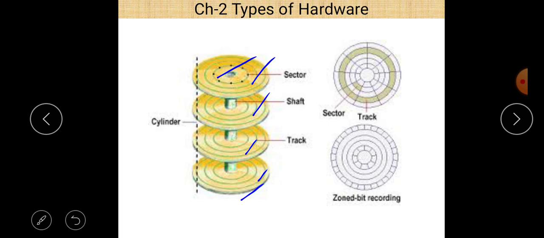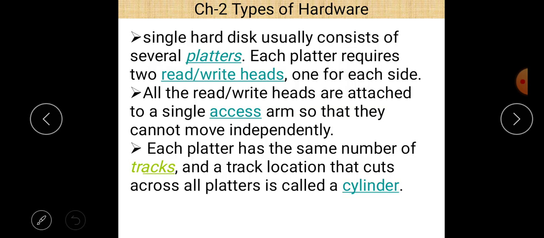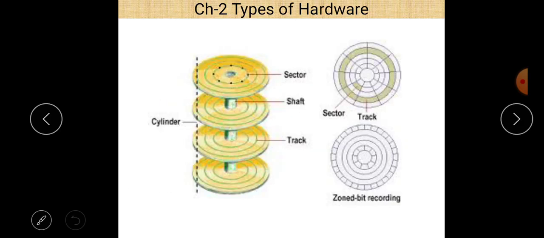So whatever the number of surfaces, only the number of surfaces minus 2 can store data, since those are the read and writable surfaces. Next, the main point is that the hard disks are connected to an attached arm, or we can say an access arm, and the hard disk rotates.